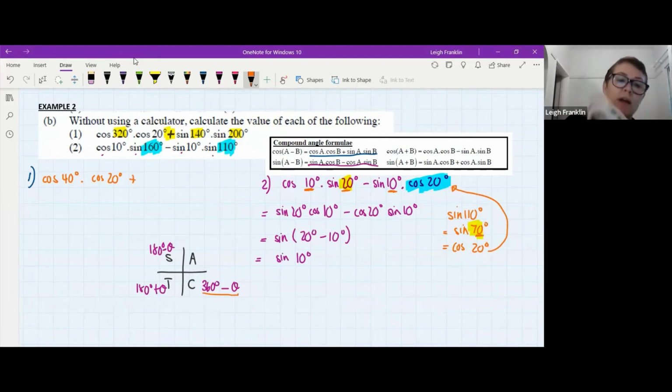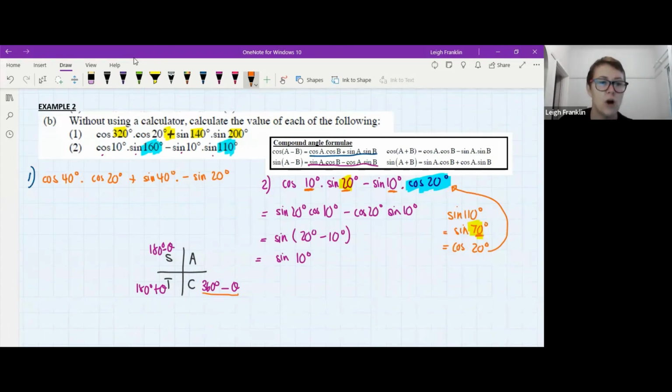I'm going to use 180 minus, so 180 minus 40 gives me 140. So this reduces to sine 40. And then here, sine 200, that's quadrant 3. I make 200 from 180 plus 20. So this will reduce to negative sine 20, because sine is negative in quadrant 3.